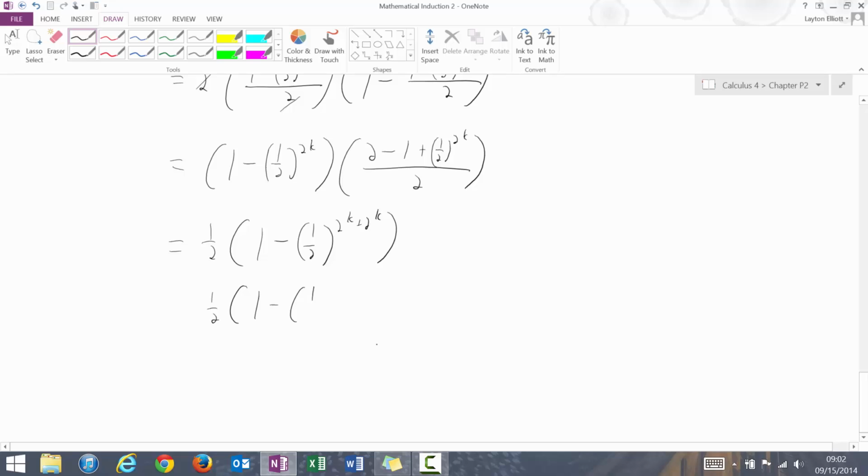I can make that 1 minus 1/2 to the 2 times 2 to the k, which is the same thing as 1 minus 1/2 to the 2 to the k plus 1. Because this is really 2 to the 1, and if you multiply with the same base, you add the exponents. And that's it. That's what I wanted to show: 1 minus 1/2 to the 2 to the k plus 1. And that's done.